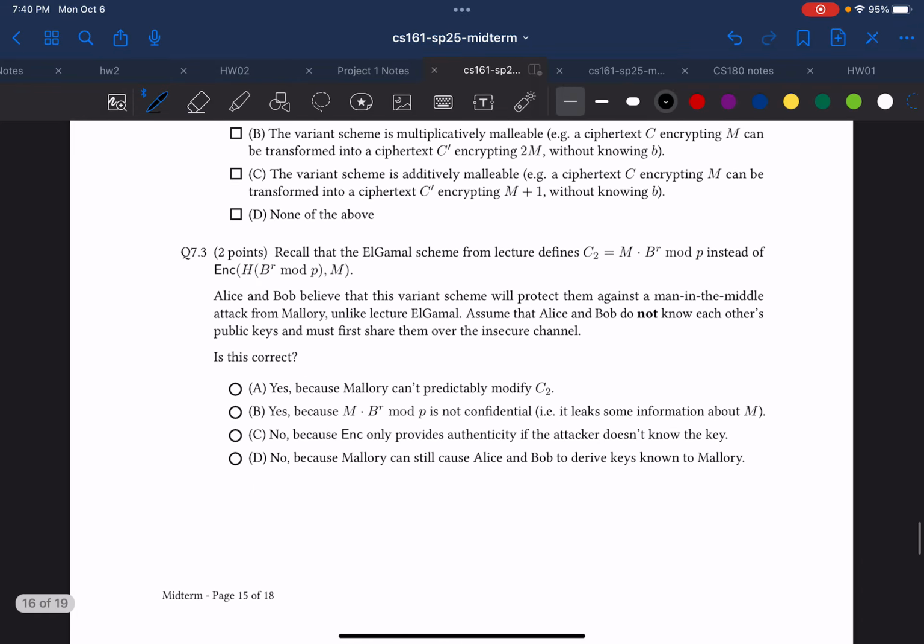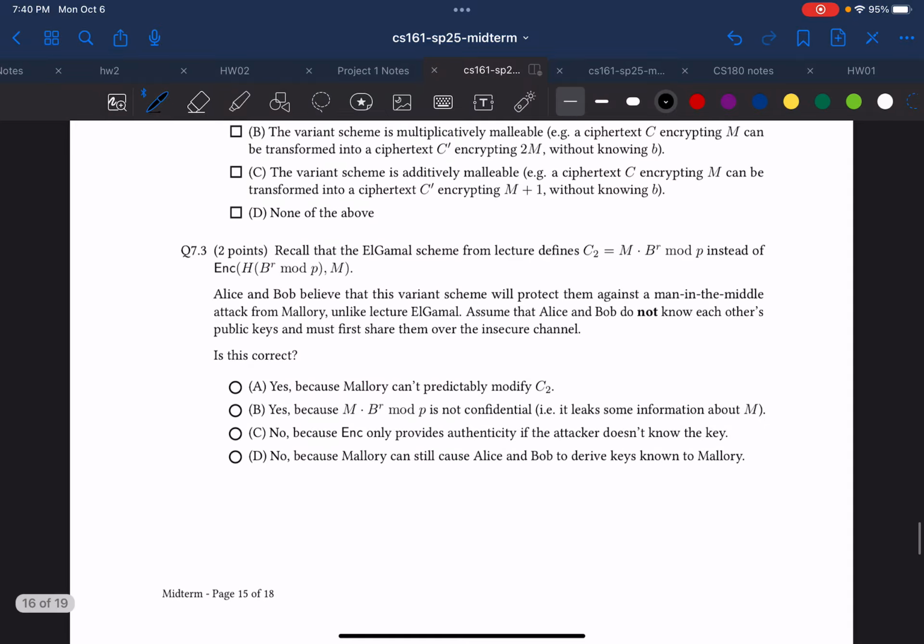Okay, 7.3. Recall that the El-Gamal scheme from the lecture is defined as we just said. So Alice and Bob believe that this variant scheme will protect them against a man-in-the-middle attack from Mallory, unlike the lecture El-Gamal. Assume that Alice and Bob do not know each other's public keys and must first share them over the insecure channel.